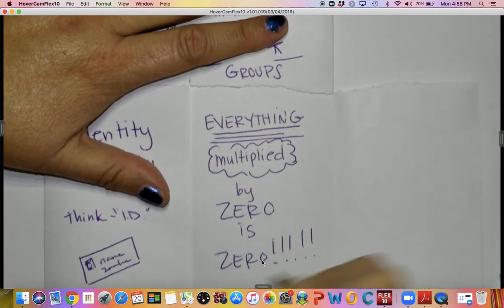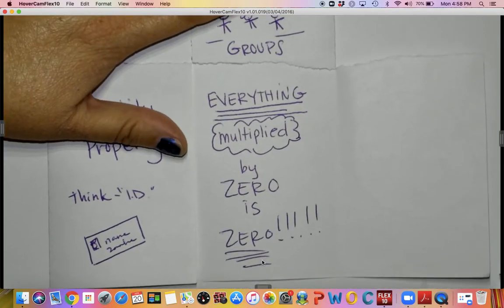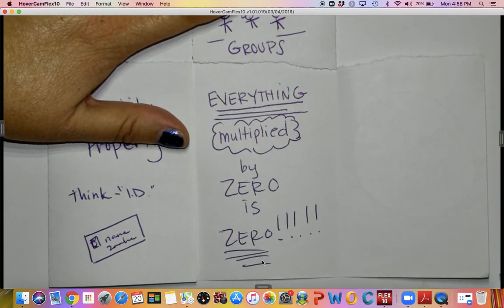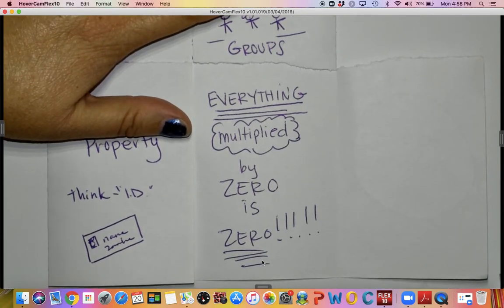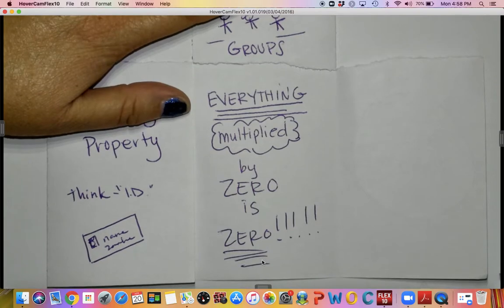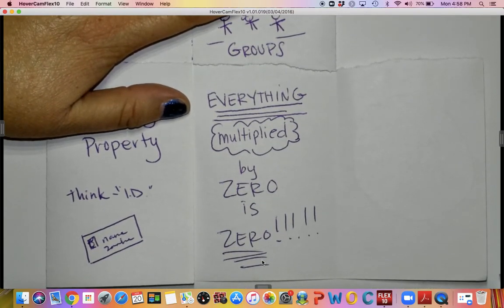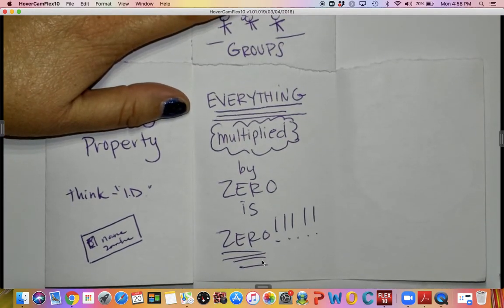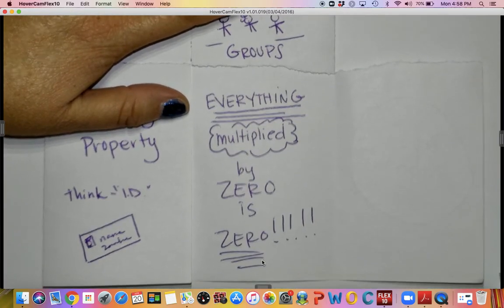Anything you multiply by 0, it's 0. Doesn't matter what your number is, it's going to be 0. A cajillion multiplied by 0 is still 0. -5 times 0 is still 0. It's the rule. Everything multiplied by 0 is 0. Always remember that. Don't get tricked.